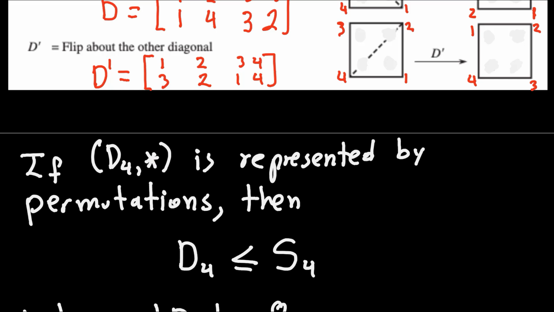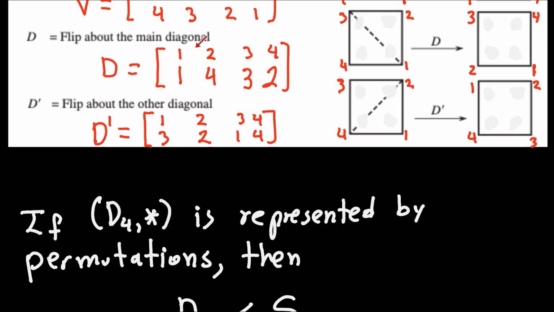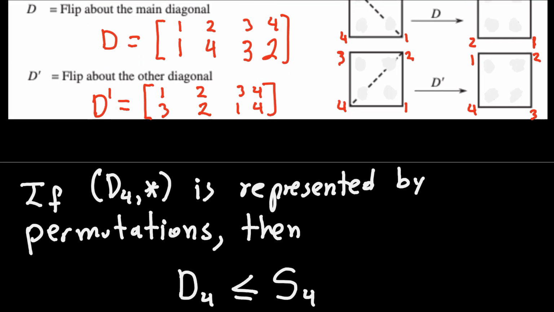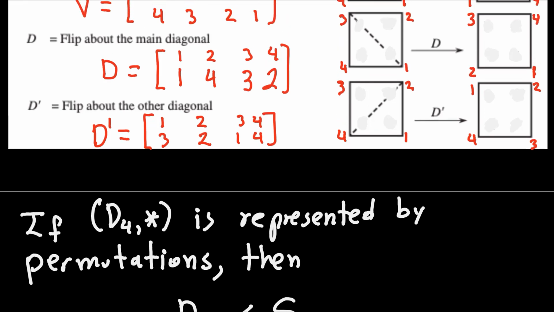So for example, D star D prime is the concatenation of the movements D and D prime. That concatenation of movement actually matches the composition of these two functions.